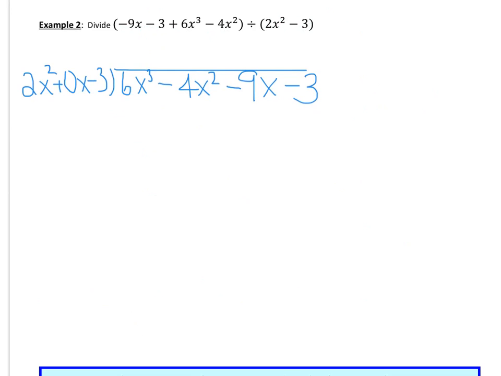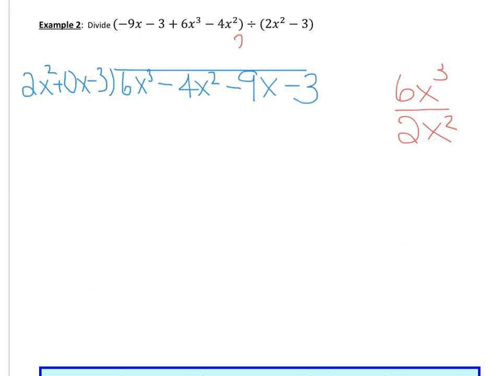Same thing would be if the dividend was missing any of the terms, then we would need to put a 0x or a 0x squared or a 0x cubed in as a placeholder. Okay, so here we go with our thinking. First thought, the first term, 6x cubed divided by 2x squared. And we know that that gives us 3x.